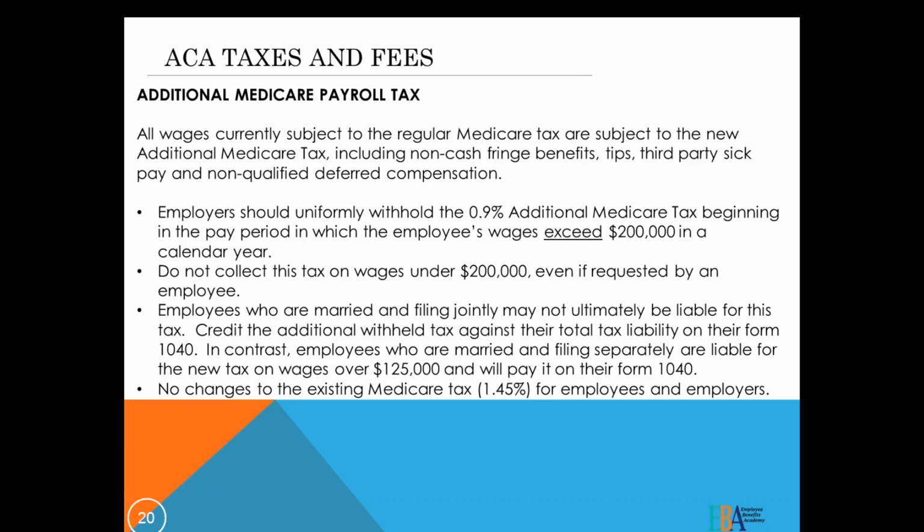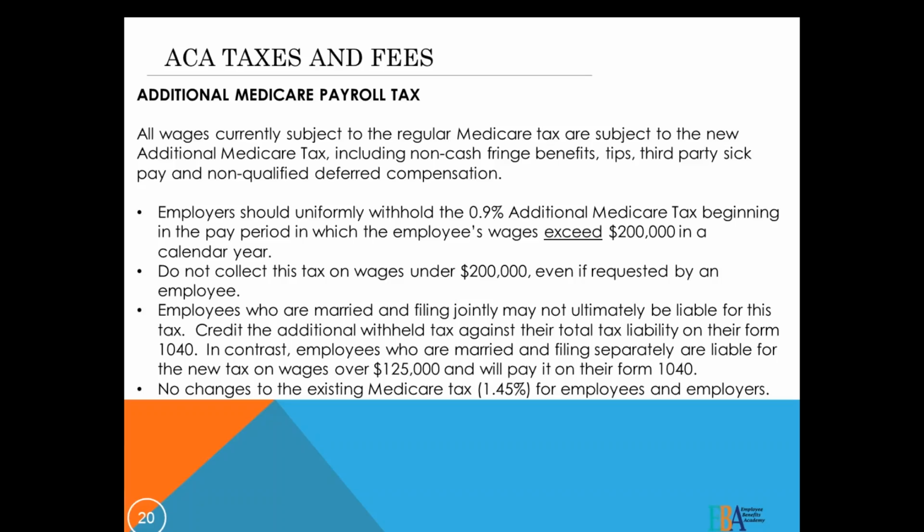Employees who are married and filing jointly may not ultimately be liable for this tax if their joint income is under $250,000. So those individuals may credit the additional tax withheld against their total tax liability when they file their Form 1040. Let's say, for example, Lily's annual wages are $225,000, so 0.9% is withheld on the last $25,000 of wages per year.